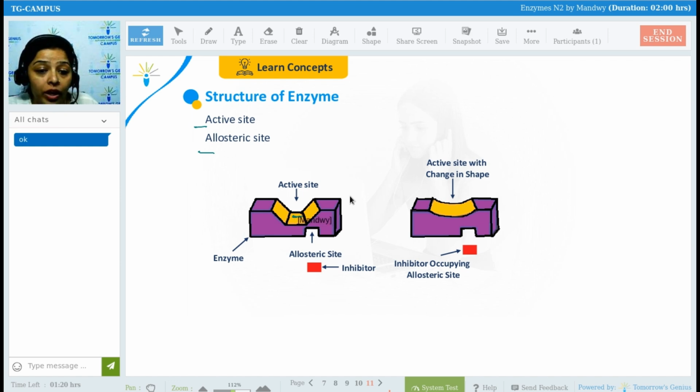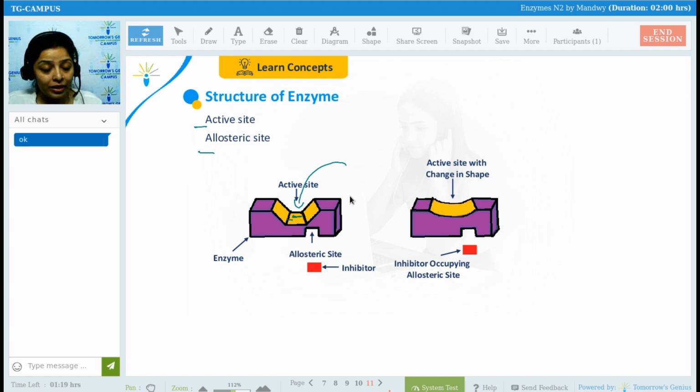This is the site where the substrate will come and bind. So the active site will always be specific to the particular substrate, so that only a specific type of substrate will come and bind to that particular site. Clear? Till now it is clear to you?